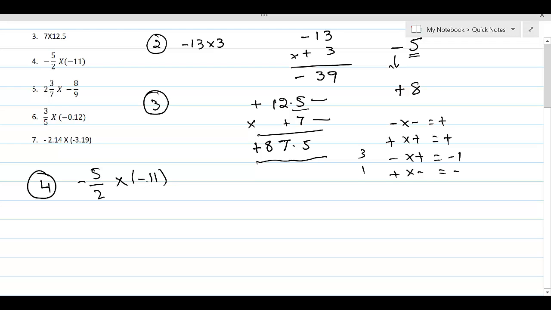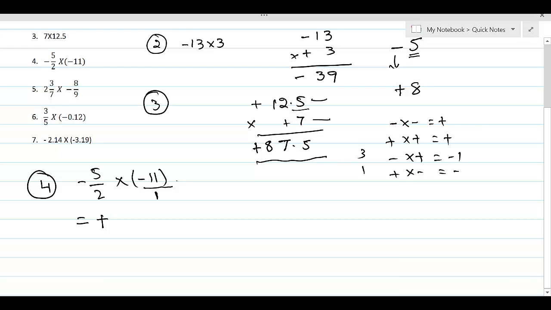Now you can see that the numbers to be multiplied are minus 5 by 2 and minus 11. Both of the numbers have a negative sign, so the answer will definitely have a positive sign. And like we have learned before, if there is no denominator, then there is a denominator of 1 for any given number.